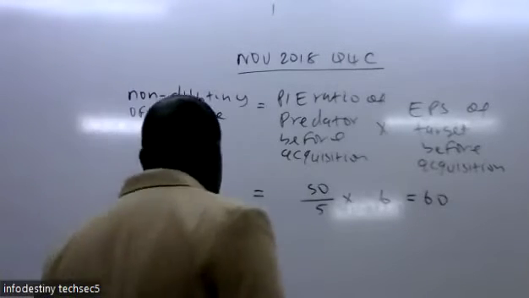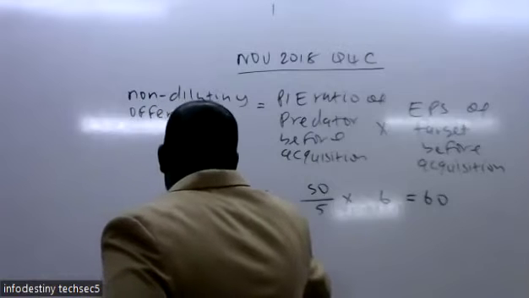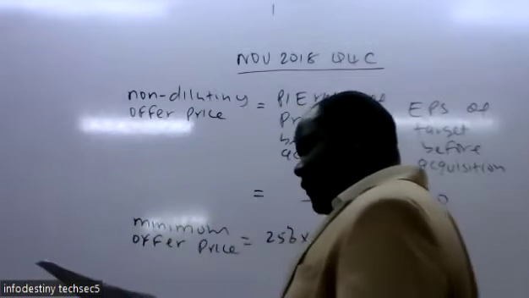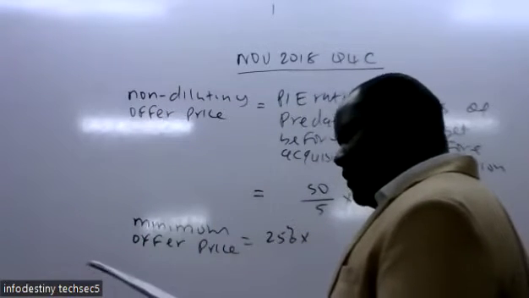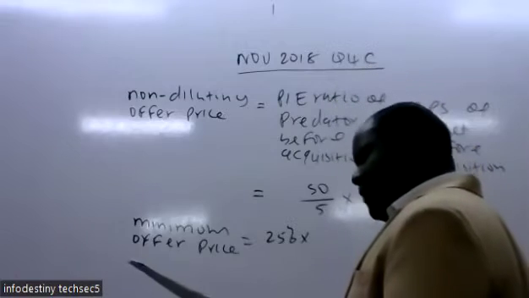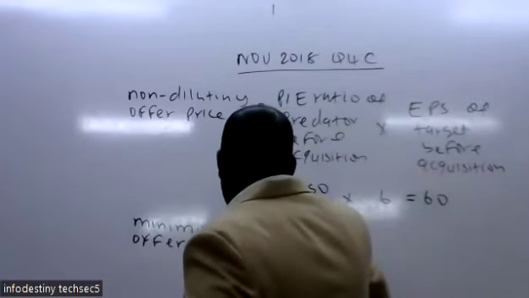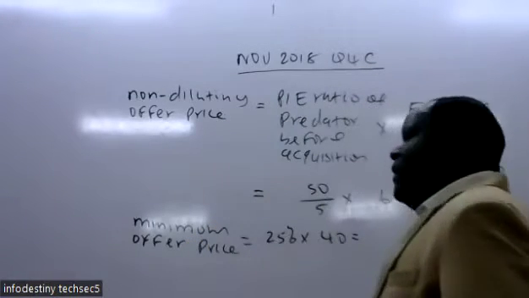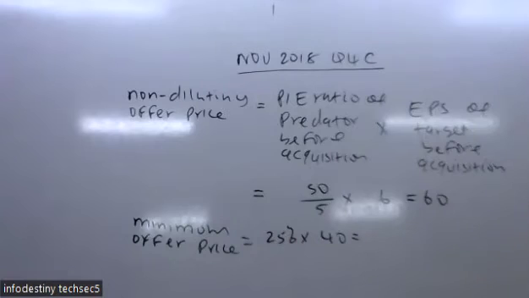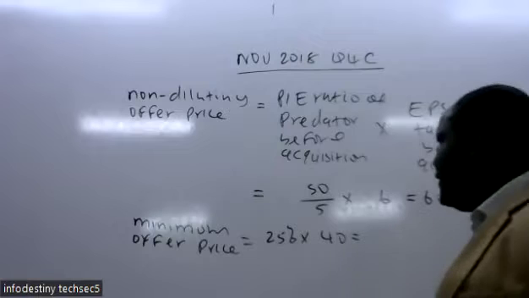So simply get 25% of the price per share for Roca. The market price per share for Roca is 40. So we come up with the value for that, which gives us 10.